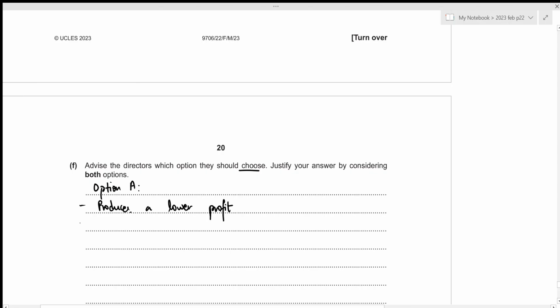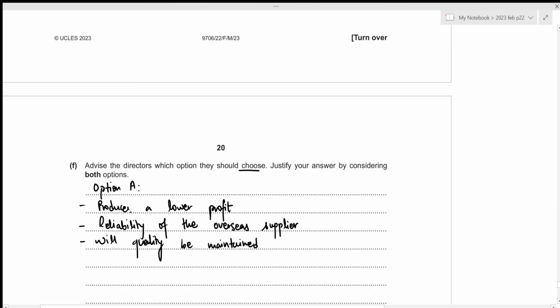And for option A, we are purchasing the goods from an overseas supplier, right? So we can question the reliability of the overseas supplier. Then we can also question the quality of the goods that will be bought in. Will quality be maintained for goods bought in?